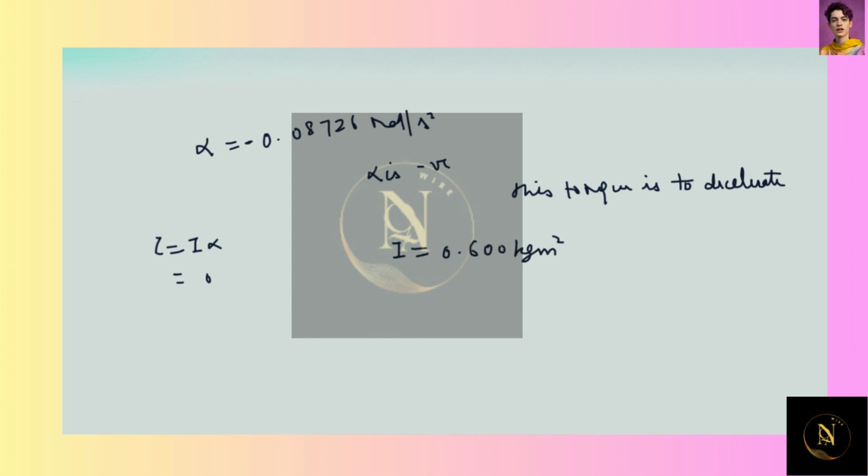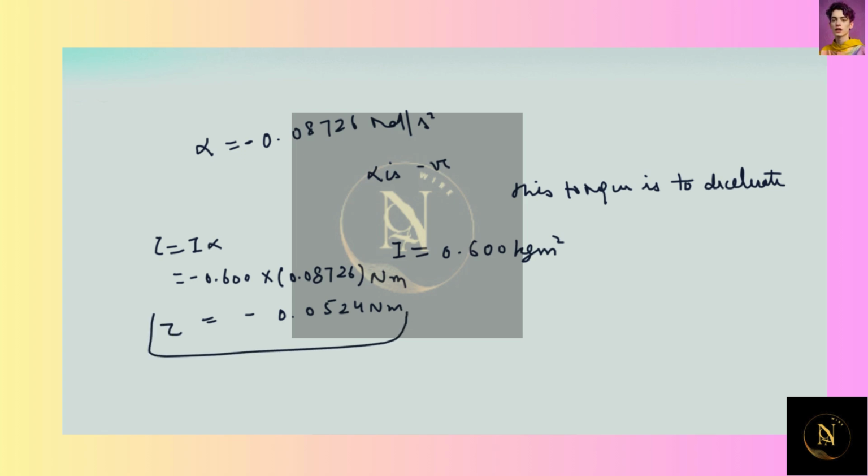So we put here 0.600 times, minus goes in front of it, 0.08726, and the torque comes out to be 0.0524 Newton meter. So that must be the torque applied to decelerate from 75 revolutions per minute to 50 revolutions per minute in 30 seconds. So that's your answer for this question.